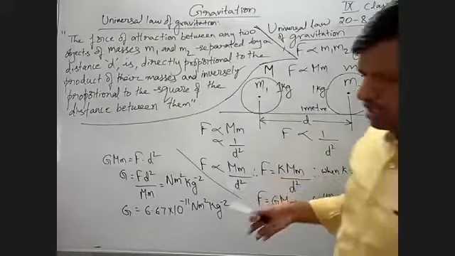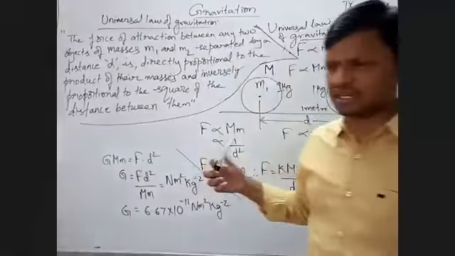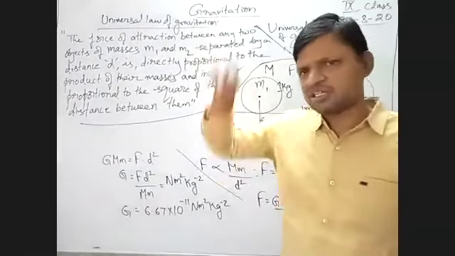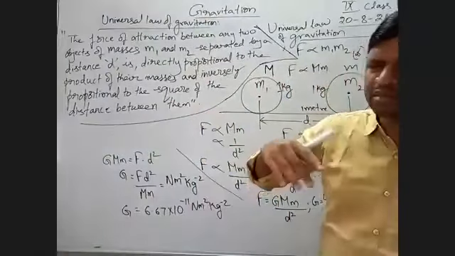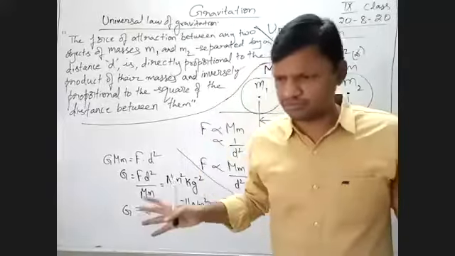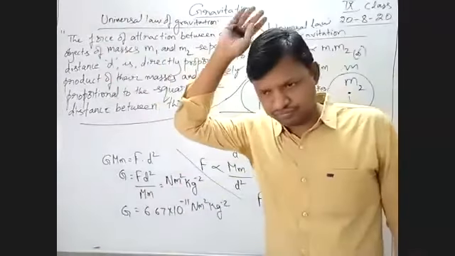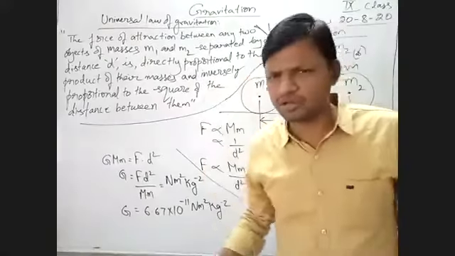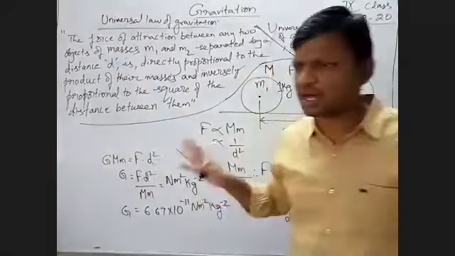That means the objects here could be anything. The Earth and the Sun, Earth and the Moon, Moon and some other planet, or Earth and some other planet, Sun and other star. So this is applicable to all the objects in the universe. Any two objects in the universe.